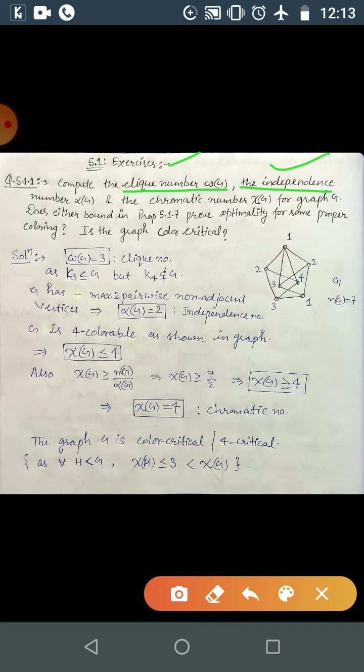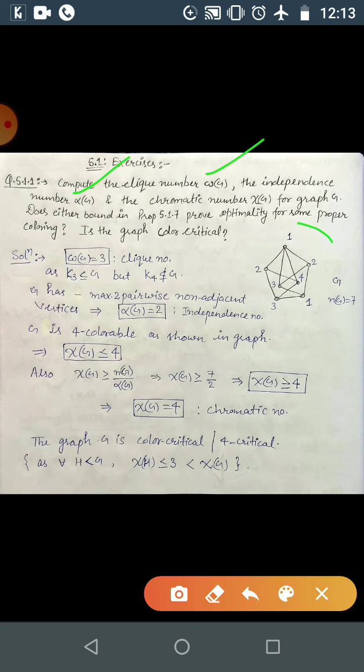This is the opposite of the clique. Clique number is denoted by omega of G, independence number by alpha of G, and chromatic number by chi of G.